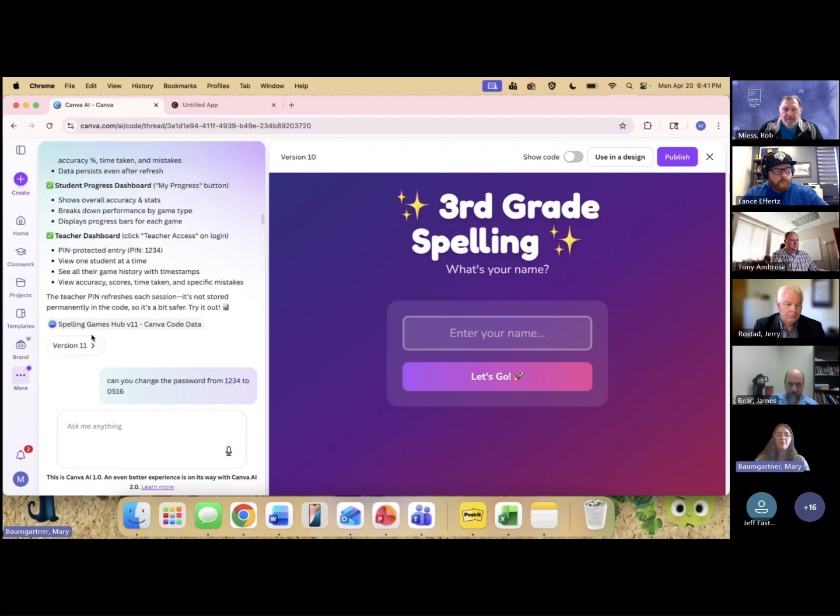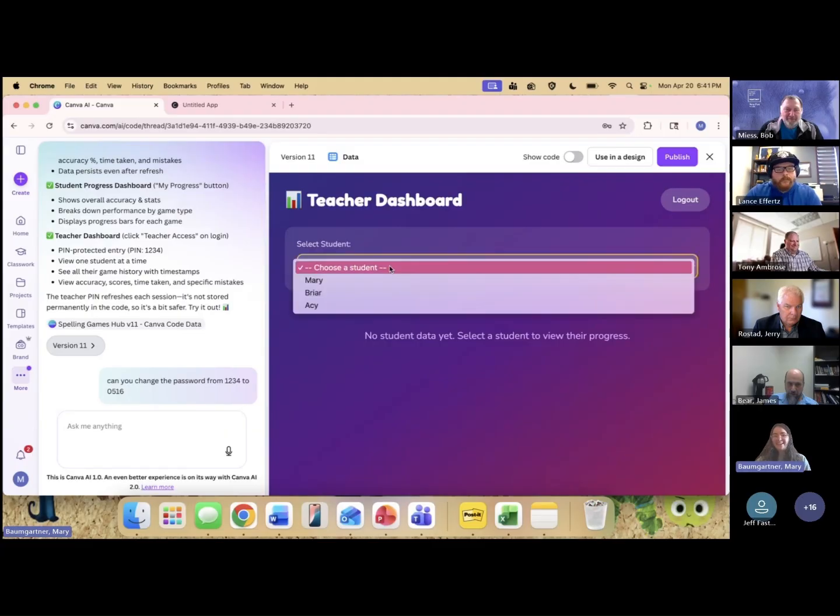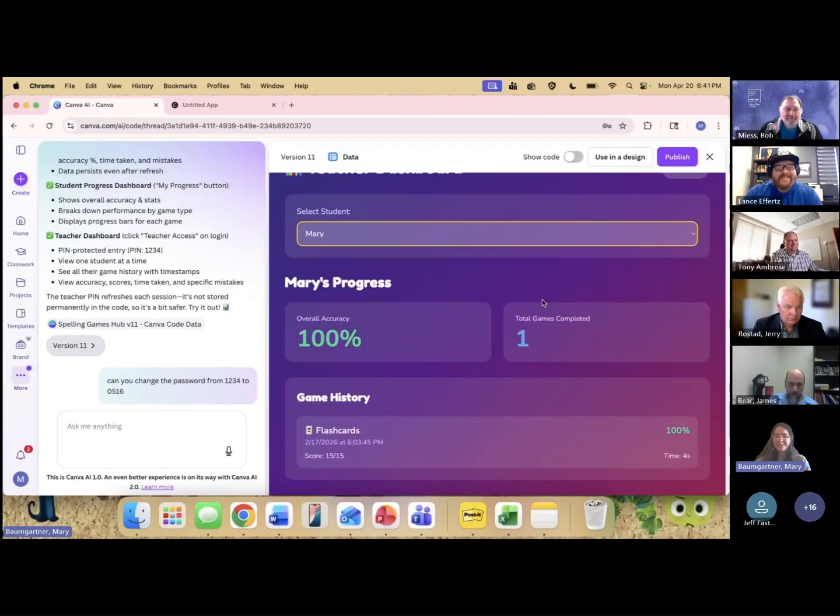And I made sure it had a pin behind it so that students couldn't see all of that information. And originally the pin was 1, 2, 3, 4, and I changed that immediately. But I can show the progress that it goes into detail on. So it tells me what I got on it, how much time I took, what time I did it, and my percentage.